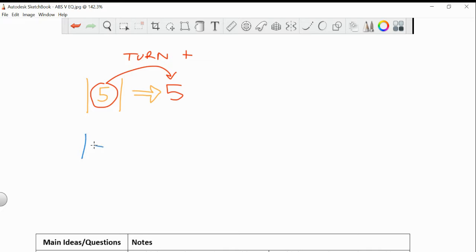If we have the absolute value of -4, all that this is going to do is it's going to take the -4, turn it positive, and turn it into a +4. Okay, so absolute values turn the number positive. Okay, what's the absolute value of -33? 33. Okay, literally just turning it positive. That's all the absolute value bars do.